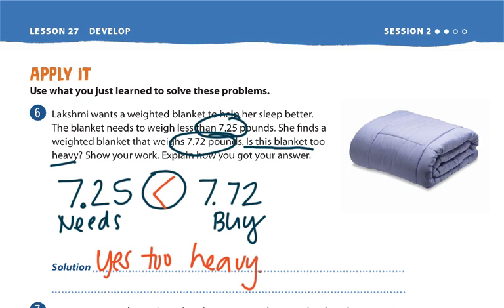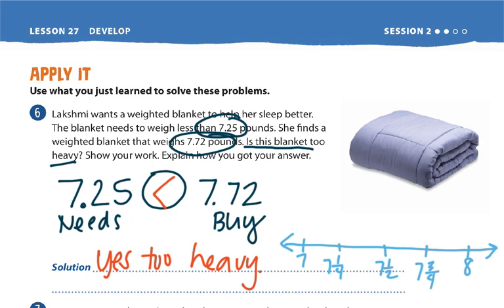Let's do it using a number line just for practice. We need to practice modeling it another way. I'm going to draw from 7, and this is going to be 7.5, and this is going to be 8. And I'm going to do 7.25, because you can divide it into quarters and half and 3/4, right? Those are easy to do. Then we're just going to estimate where it should be.